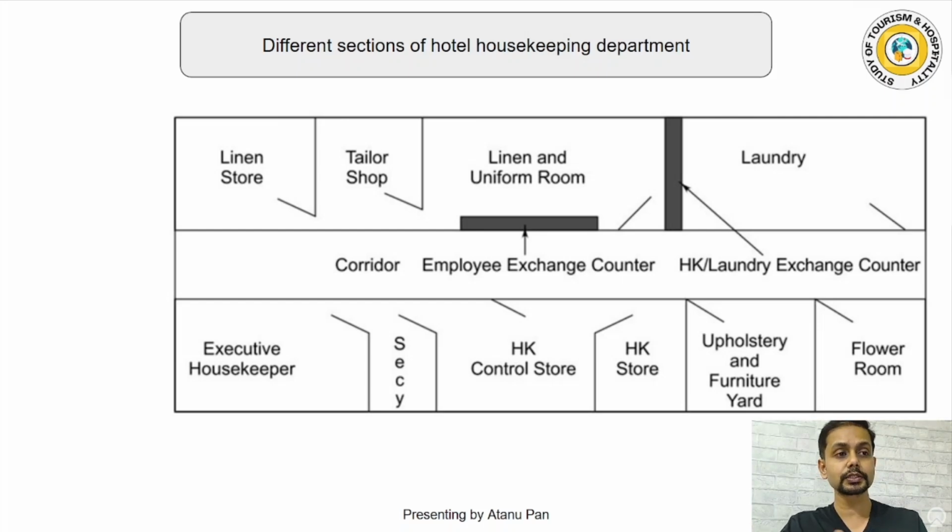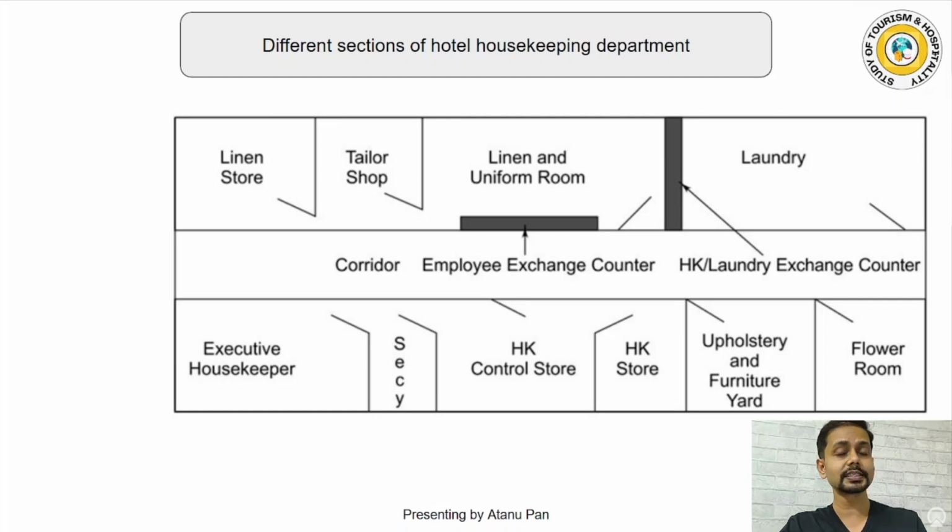Now next to the executive housekeeper, we have the secretary, or you can say the assistant housekeeper. The person who is assisting the executive housekeeper is also a secretary, and also has a separate cabin. Next, we have the housekeeping control store.